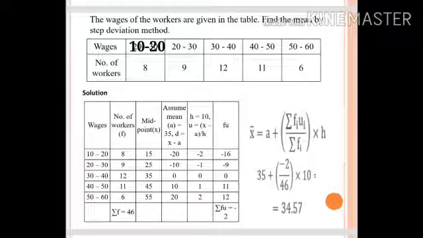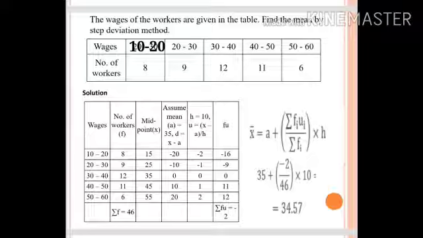So x bar is given by the formula a plus sigma fi ui upon sigma fi into h. So a is 35 plus sigma fi ui is minus 2, sigma fi is 46, so minus 2 upon 46 into width, which is 10. So we get minus 20 upon 46, that is minus 10 upon 23.